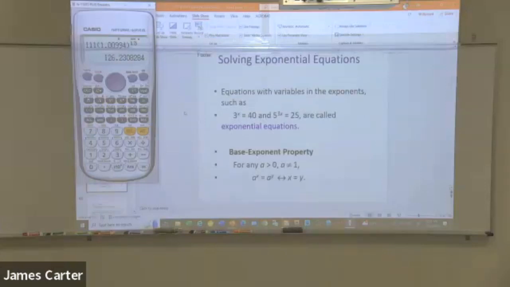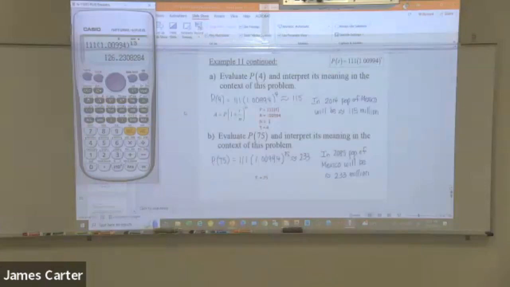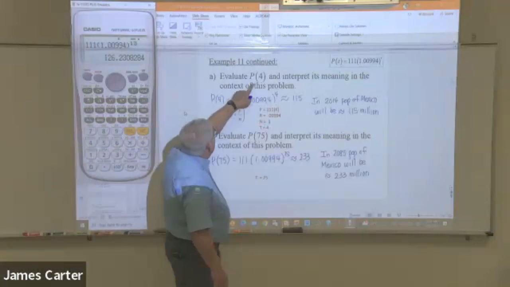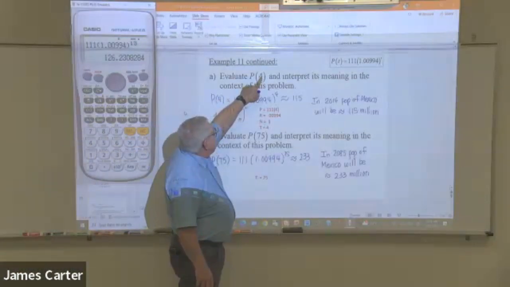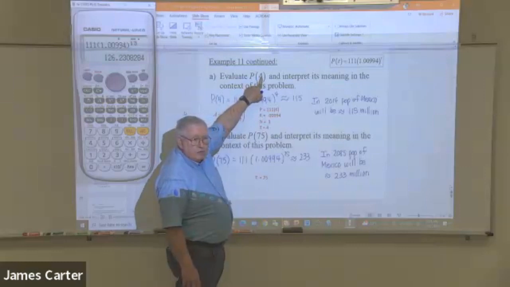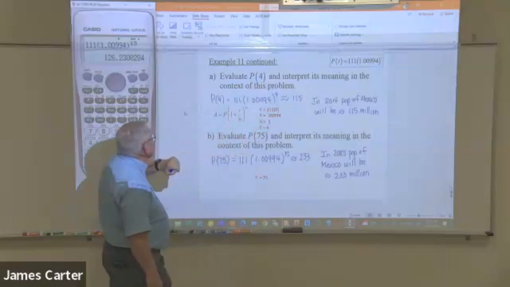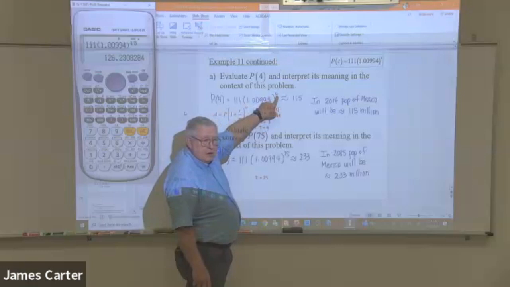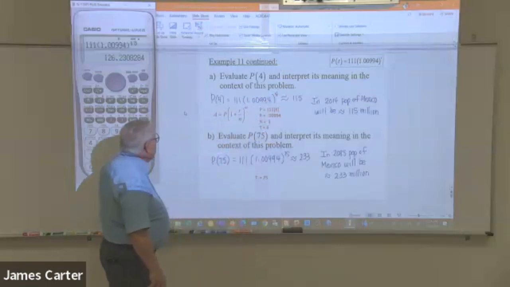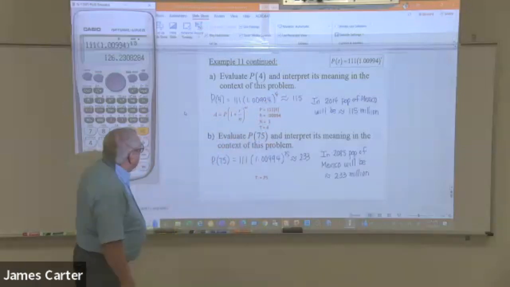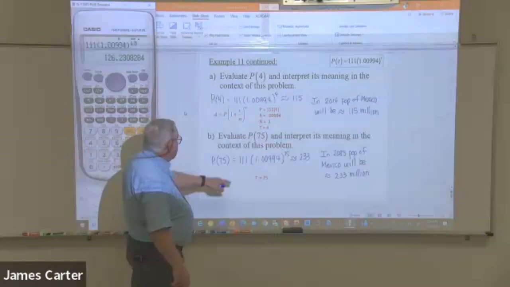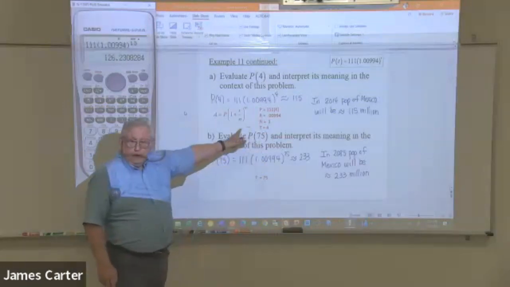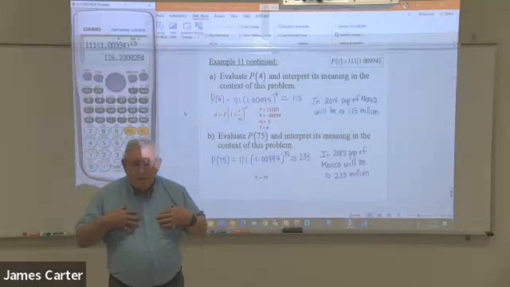Okay, well, here we go. This one. This is a function of time, 4 years. Okay, that's what that notation means. Okay, here's our time exponent. They chose the time to be 4 years rather than 13 that we did.